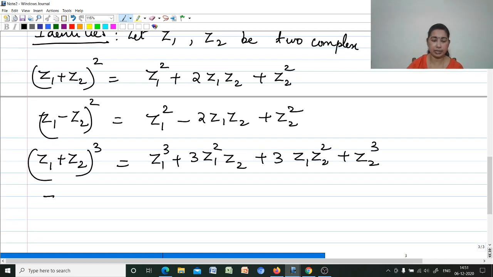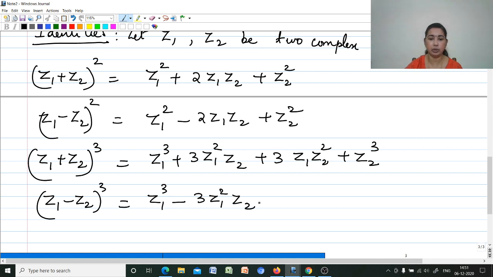Then what about Z1 minus Z2, whole cube? That is Z1 cube minus 3 Z1 square Z2 plus 3 Z1 Z2 square minus Z2 cube.